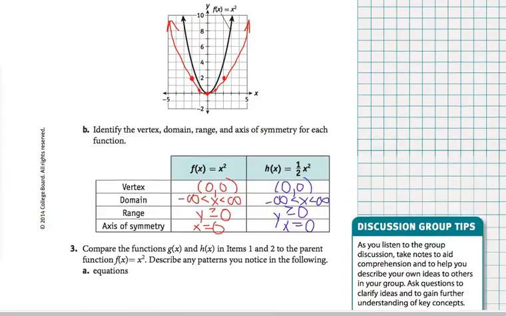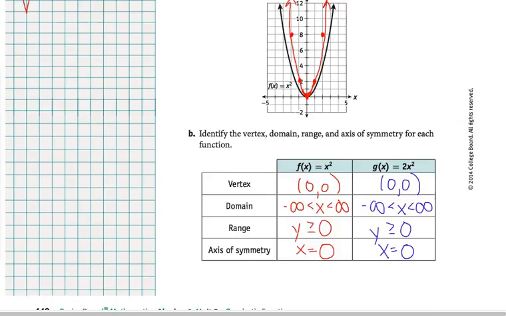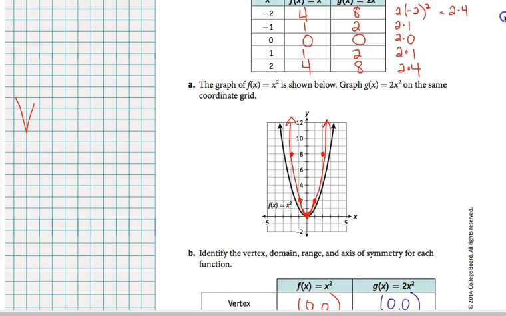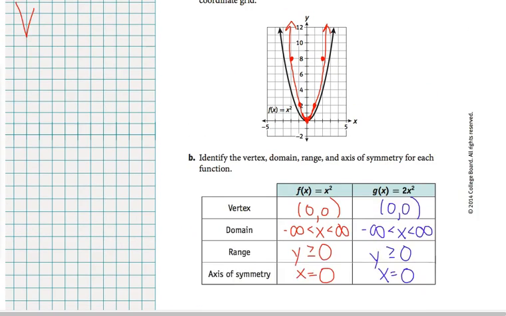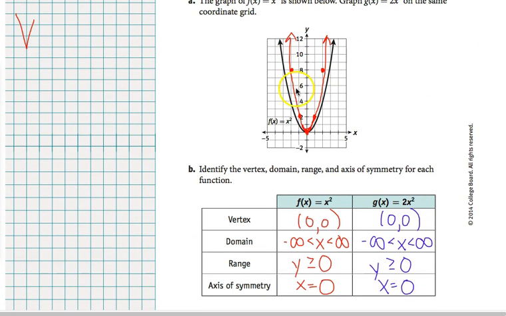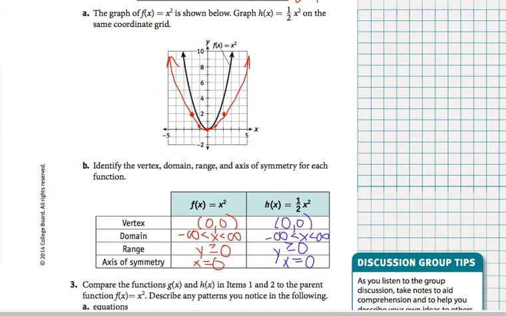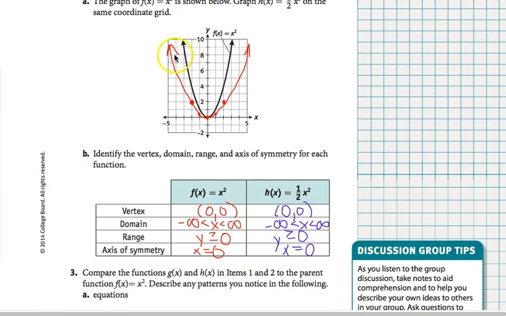If we look at the graphs, they have those same key features and the same general shape. But what's happened is when I graphed g of x, my first transformation, it's a little bit skinnier than the parent graph parabola is. Still parabola, but a little bit skinnier. And this one is a little bit wider.